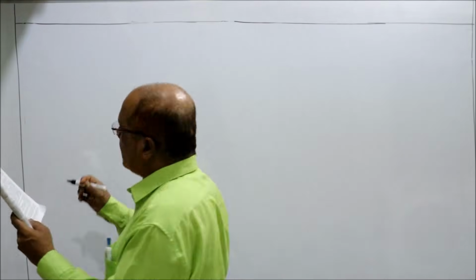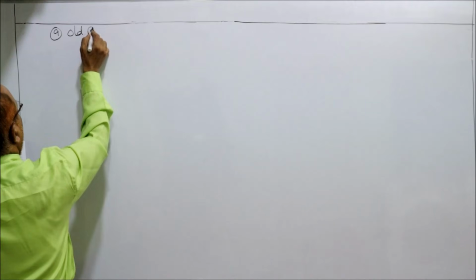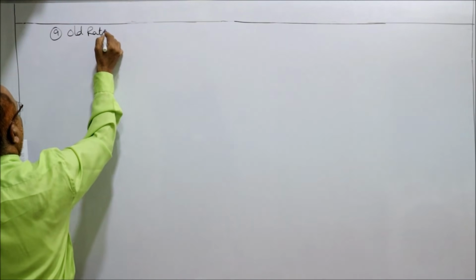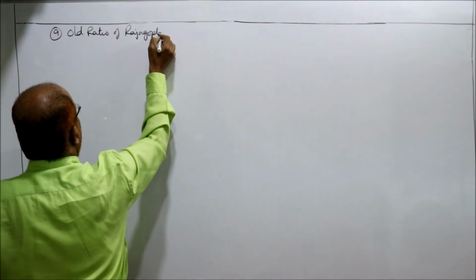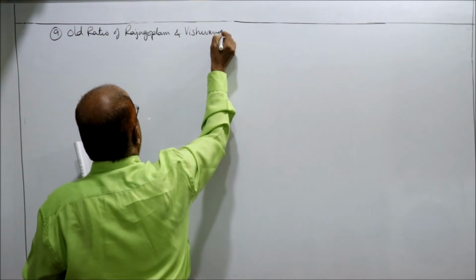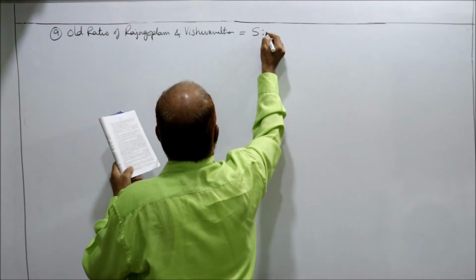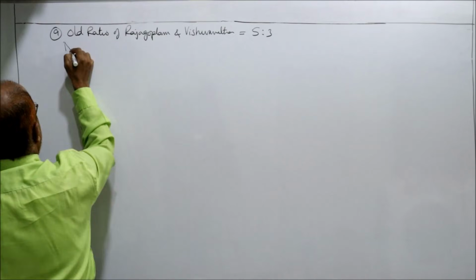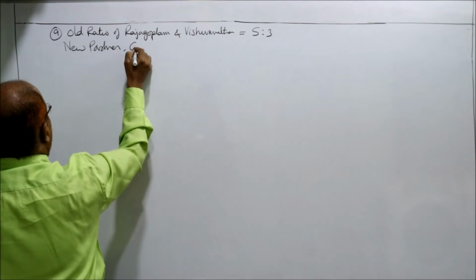So we can write the old ratio, 9th problem. Old ratio of Rajagopalan and Vishwanathan is equal to 5:3. New partner Gururaj.